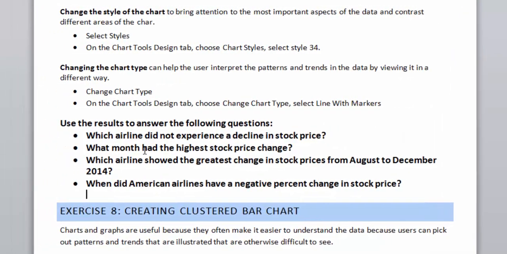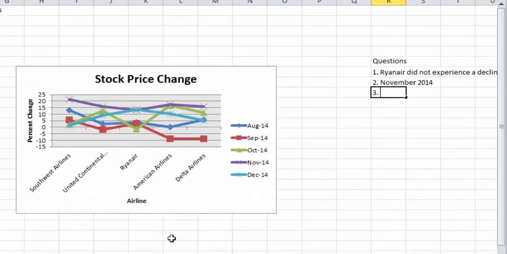Third question says, which airline showed the greatest change in stock prices from August to December 2014? So it's specifically asking August to December. So looking back, everything is in different colors, so it's easier to identify. And we chose Delta Airlines.